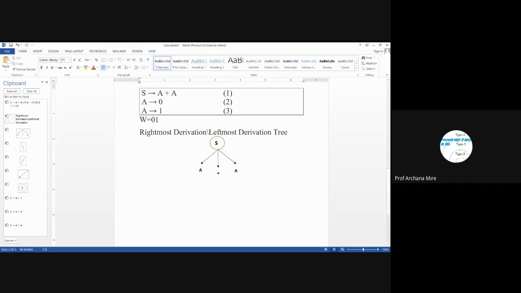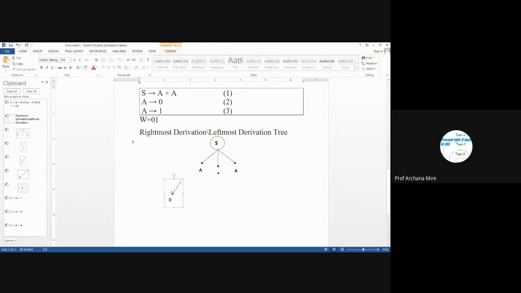Then we can apply any of the production rules. Either we can apply production rule number 2 or we can apply production rule number 3. It means either we can apply a production rule on this leftmost non-terminal, or we can apply a production rule on this rightmost non-terminal. So let's apply first on the leftmost non-terminal.